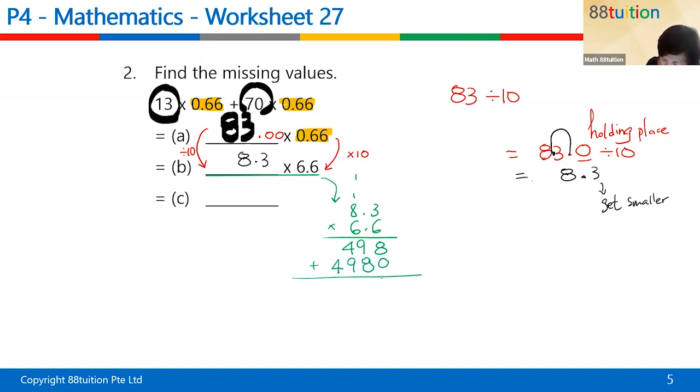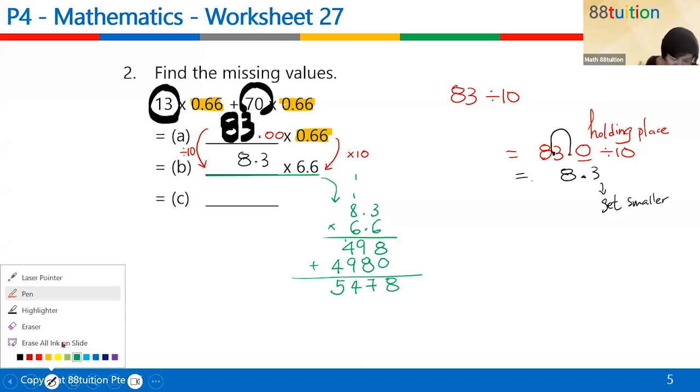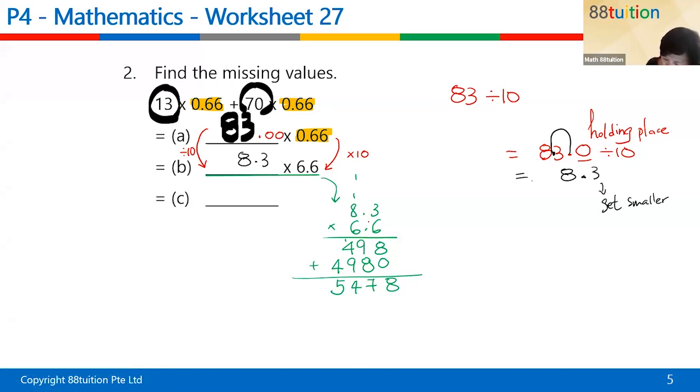Okay, and I need to add them. Then I need to count the decimal here. Let's check it out. See how many decimal places? 1 here, 1 here. So how many places? 2 decimal places. You must count from here, 1, 2, and then put your decimal here. So what's your answer? 54.78.